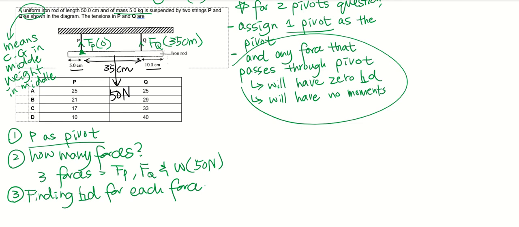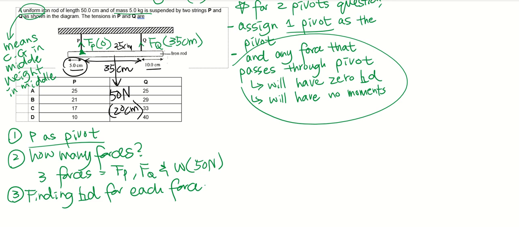Now, for the weight, which is 50 Newton, because it is in the middle, it must be at the 25 cm mark. We take note that there's a 5 cm here. So for the 50 Newton, the perpendicular distance is 25 minus 5, which is 20 cm.